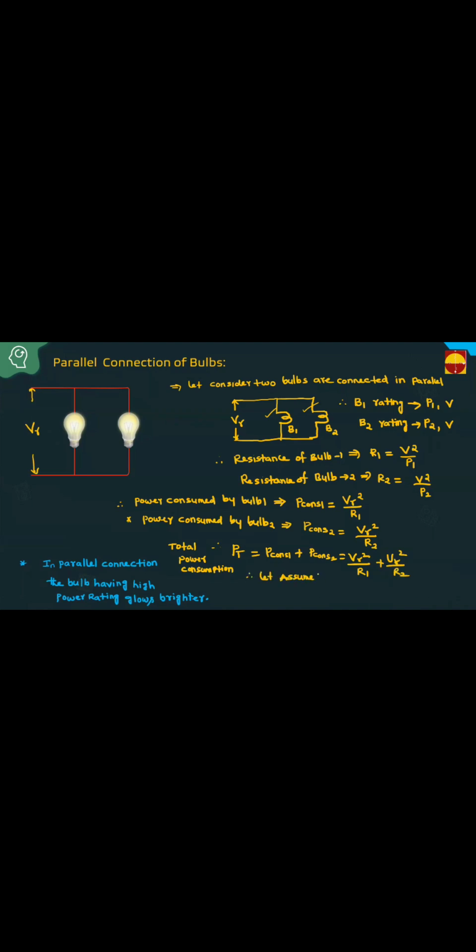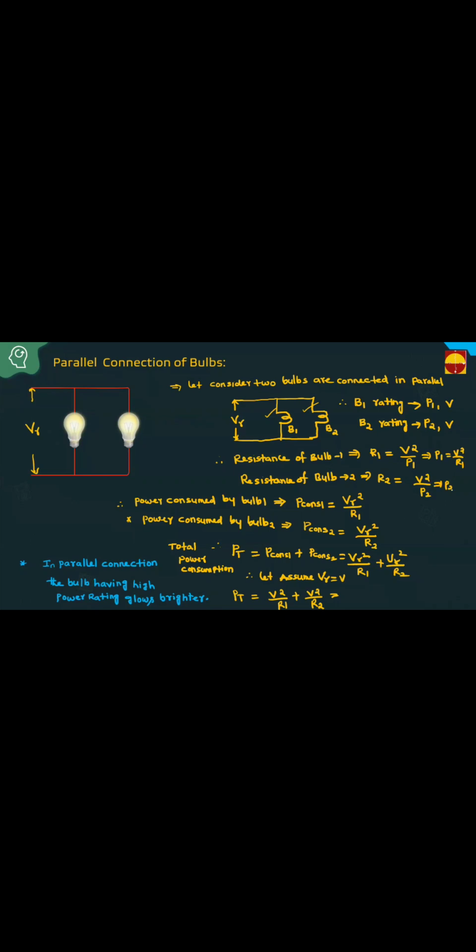With this assumption only, these formulas are applicable: VR equal to V. That means the rating of each bulb equals the supply voltage. That is the condition, but every time you can't expect it like that. This formula is applicable with this assumption only. Then what is PT equal to, friends? That is V square by R1 plus V square by R2. What is V square by R1? This V square by R1 equals P1.